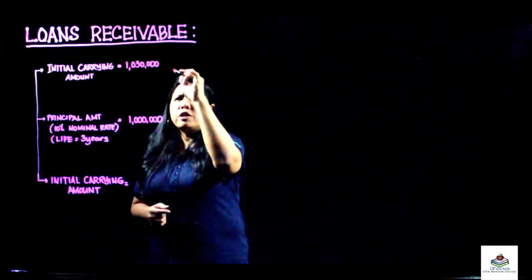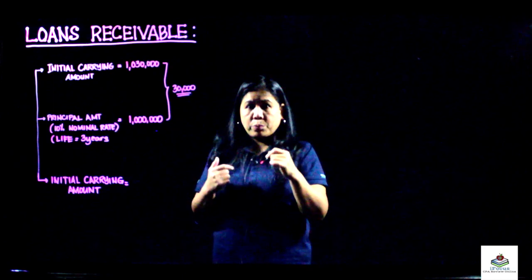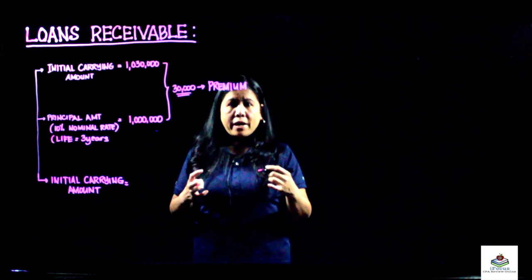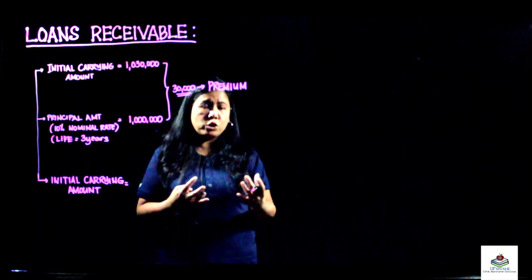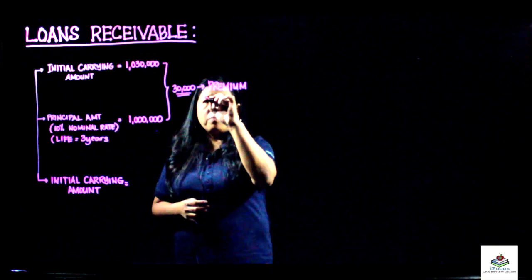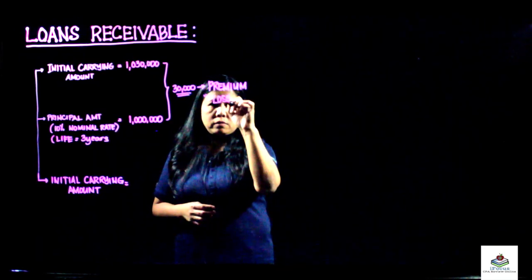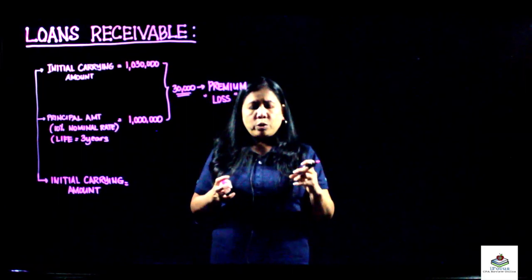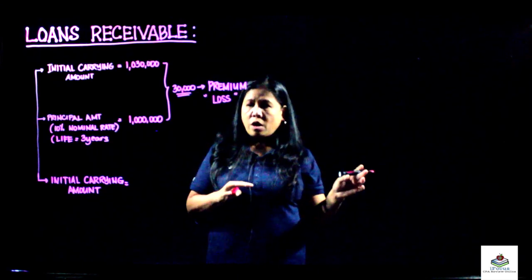The difference of 30,000 is what we call the premium. The premium is as if the bank lost money from granting these loans to the borrower. And this premium of 30,000 will be charged into an account called direct origination costs.